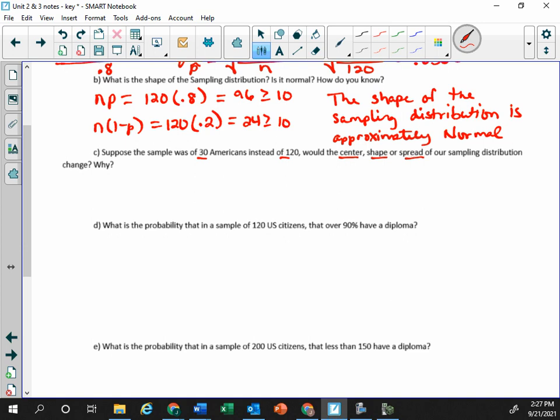Is saying the spread gets larger just saying it's more flat, thicker? Kind of. It's going to cover more area too. The edges of your graph are going to be wider. But I don't get that, because if you have less data, how is it going to get wider?